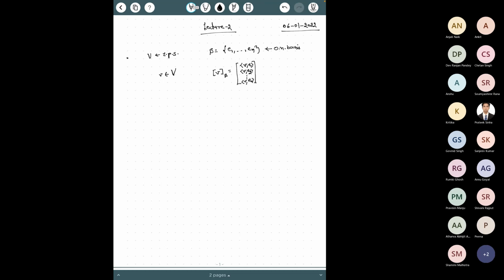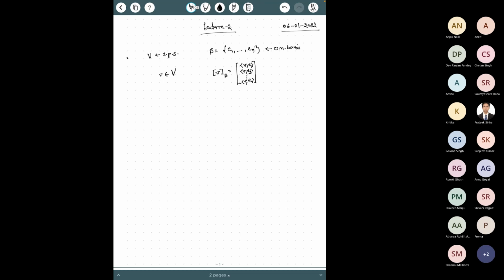So the advantage of an orthonormal basis is that we can explicitly tell the coordinates of a vector when we write it as a linear combination of vectors from the basis.